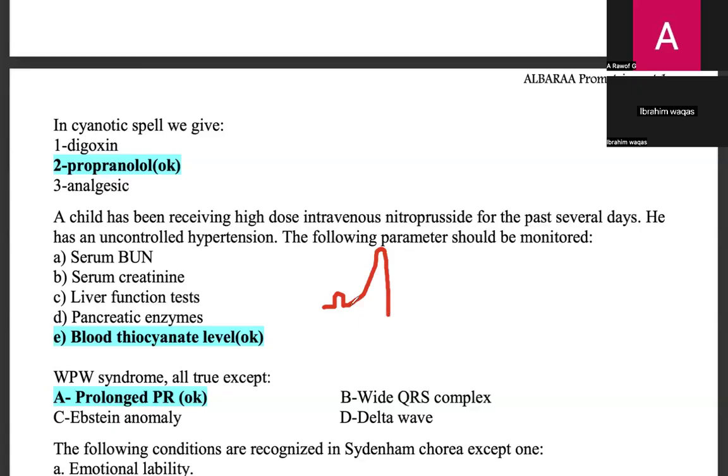But this delta wave will make the QRS complex appear wide. So everything is true except prolonged PR interval. These three we'll read from the other book as well.